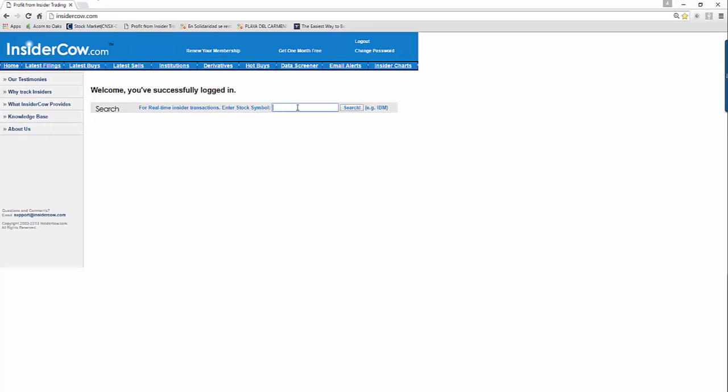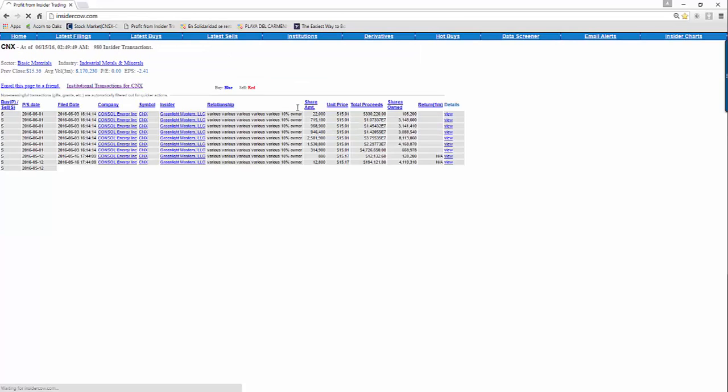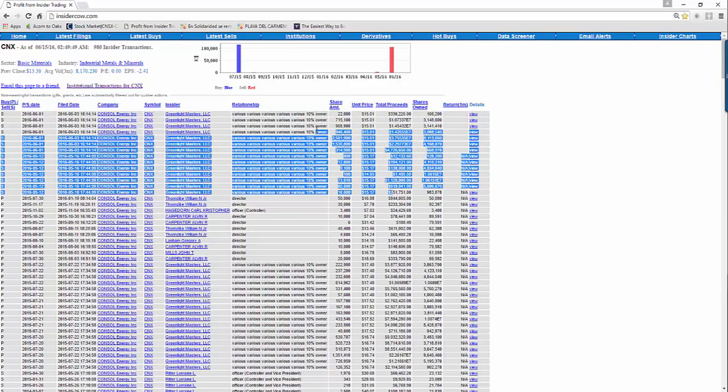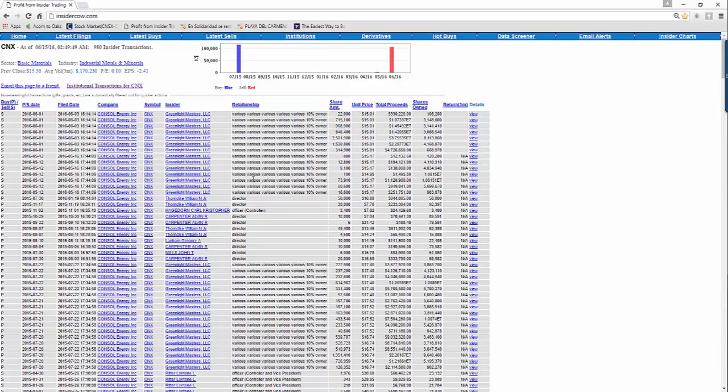If we go into Inside Cow and go to CNX, you can also see that there's been some very big selling. So who is it from? Greenlight Masters. Lots and lots of selling from Greenlight Masters, and we can see that this is very heavy all throughout here. But then we go back and look, and there's big buying back in July of 2015.